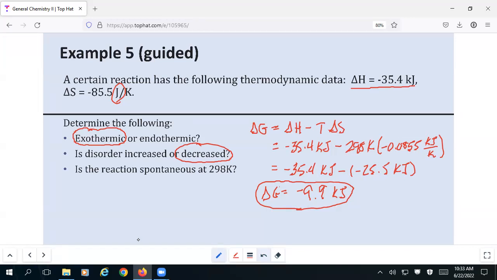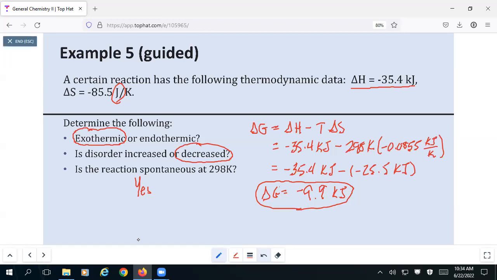So is the reaction spontaneous at 298 Kelvin? The answer there is yes. Delta G is negative under those conditions. Now, if we were asked a different kind of question, at what temperature does it cease to be spontaneous?